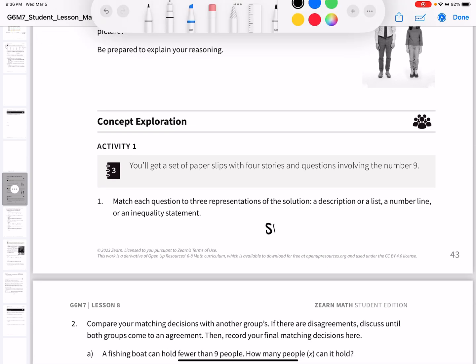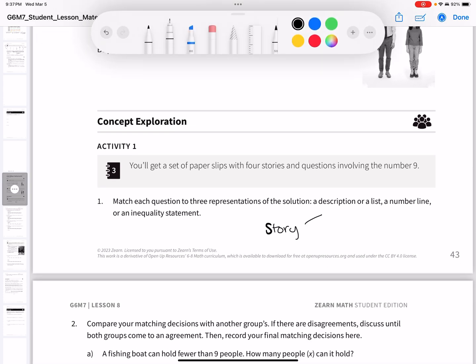You're going to have a story, and then you're going to have a description or a list. You are going to have a number line, and you are going to have an inequality to match to this story. So you're matching 3 things to this story.